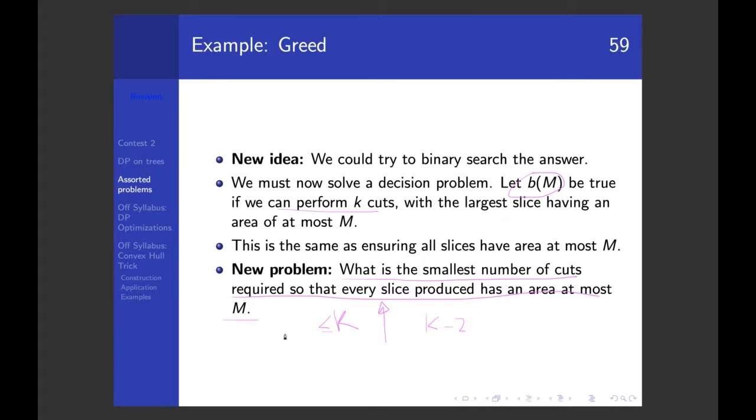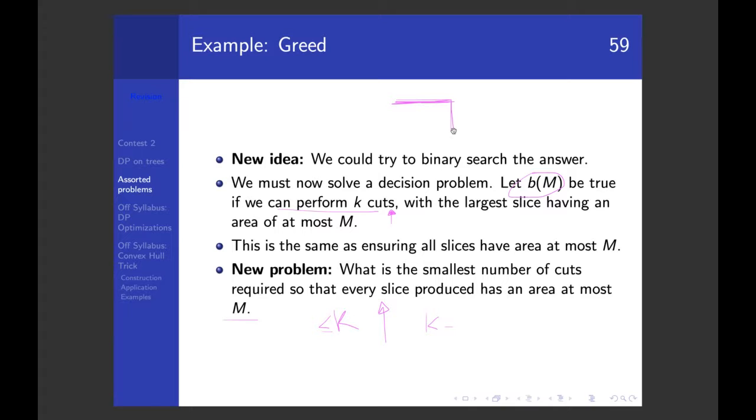What motivated the change from can we do it in k to what is the smallest number? The motivation is that maybe we can DP this problem. And why do I think that? If you remember, we had a DP before where the state was the smallest horizontal cut and the smallest vertical cut.